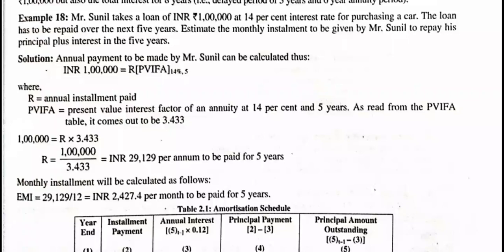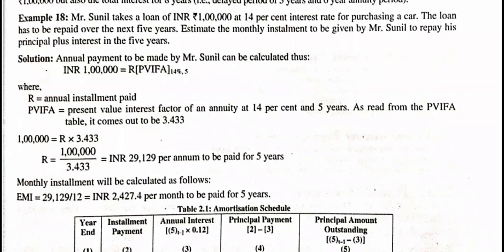Now, how do we calculate the monthly amount? We divide 29,129 by 12, so it will be 2,427.4 per month, to be paid every month for 5 years.